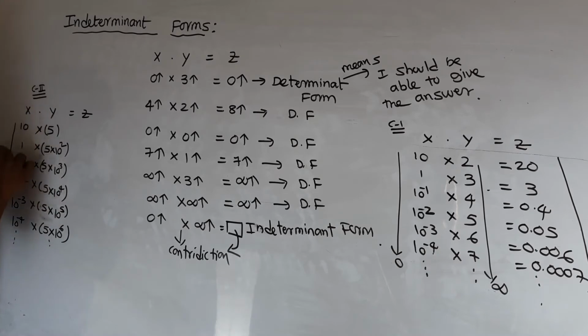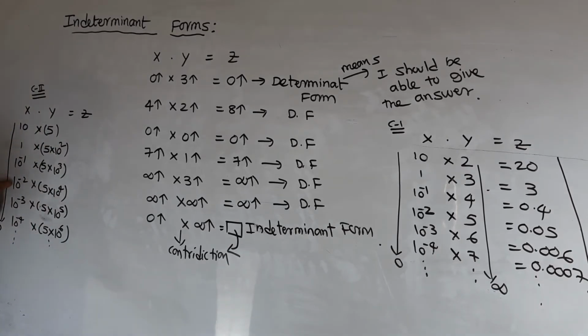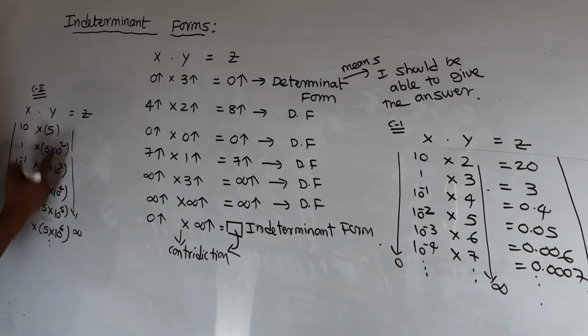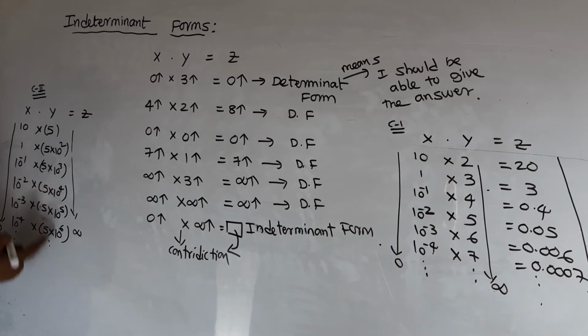So x approaches 0, y approaches infinity. The values increase: 5, 500, 5000, 50,000 and so on.